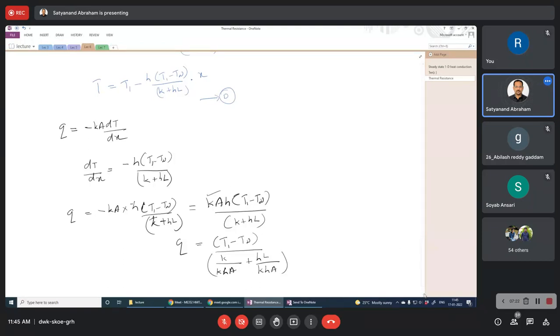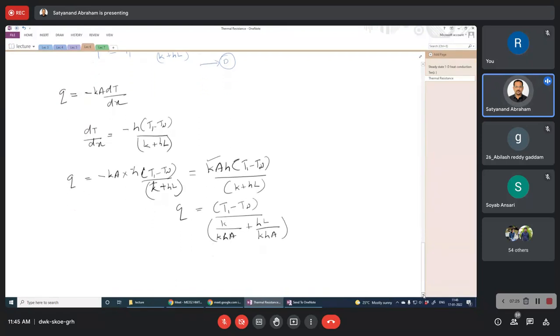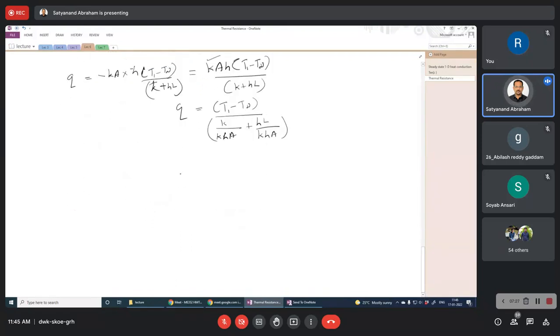Cancelling the like quantities, we get Q equal to (T1 minus T infinity) divided by (1 by hA plus L by KA).